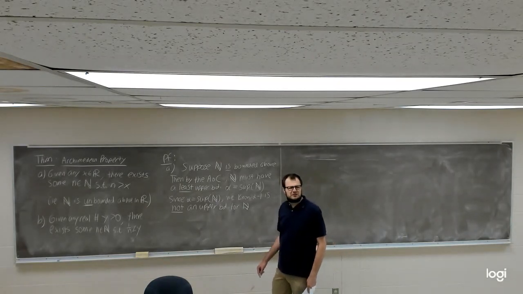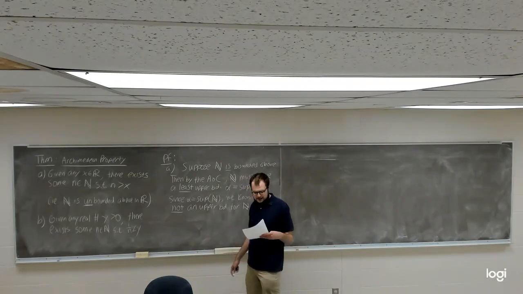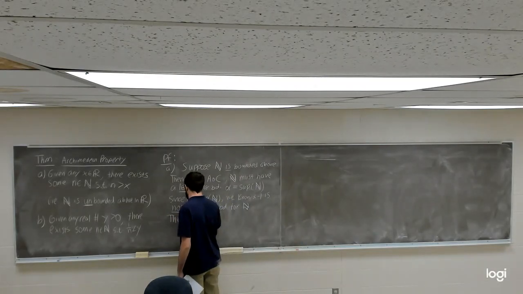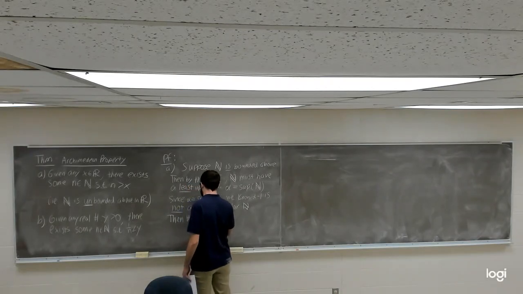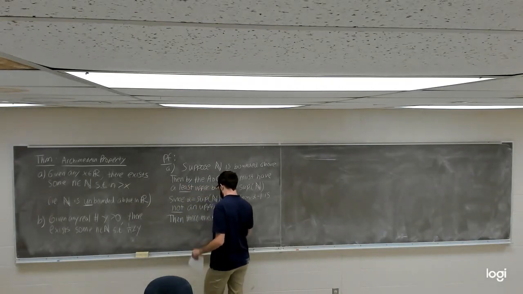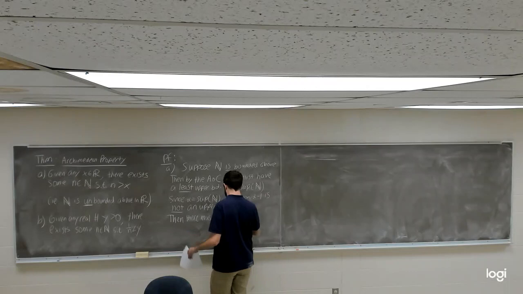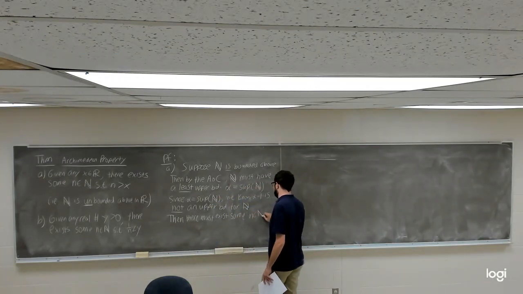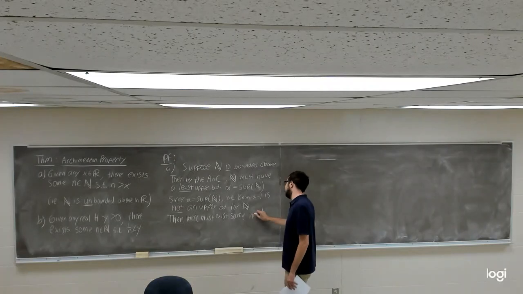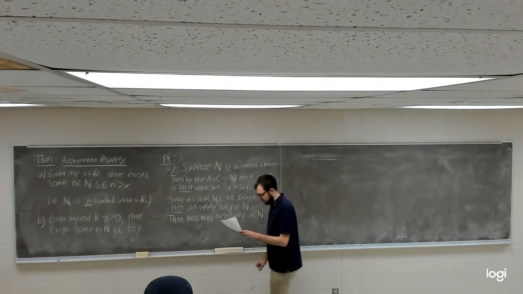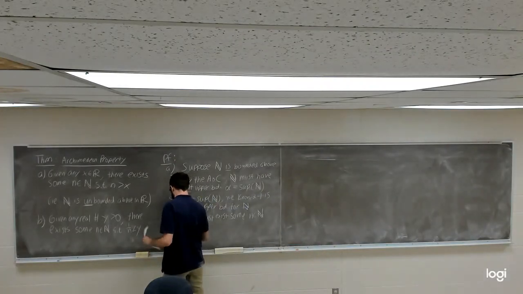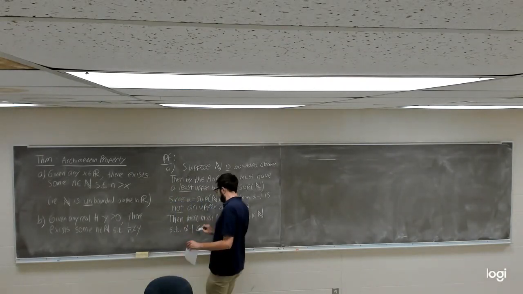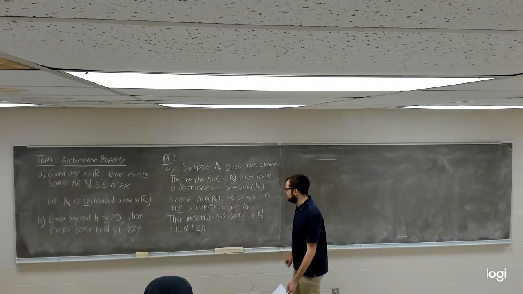So what does that mean? If alpha minus 1 is not an upper bound for the natural numbers, well, that's going to tell us that there must exist some little lowercase natural number n, some element little n in the set of natural numbers, such that alpha minus 1 is strictly less than n. So why is that?